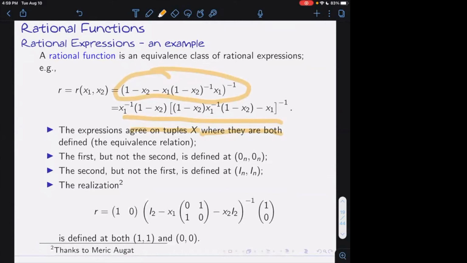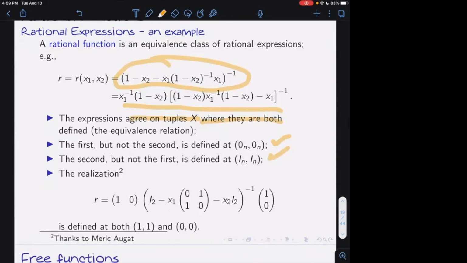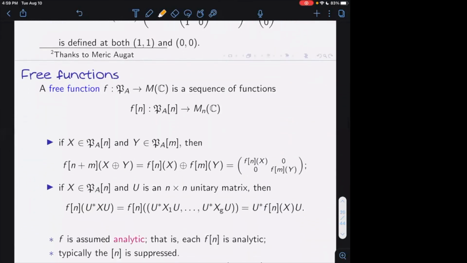The amusing thing about this example is the first one is defined at 0, 0, but the second one isn't. Likewise, the second one's defined at 1, 1, but the first one isn't. But if you write down a realization for this rational function, you get this expression, which will be defined at both 0, 0 and 1, 1. It just depends on how you want to compute this inverse right here.